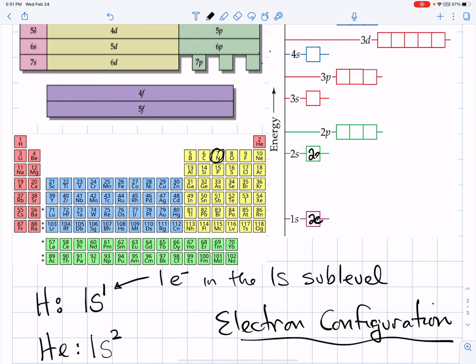Then the next 2 electrons can go in the 2nd sublevel, the 2s. So there's 4 electrons total. But nitrogen had 7 electrons. The next 3 electrons are going to go 1 each into the 2p sublevels. So the 2p sublevel will end up having 3 electrons there. 2 in the 1s, 2 in the 2s, and 3 in the 2p, and there are the 7 electrons for nitrogen.